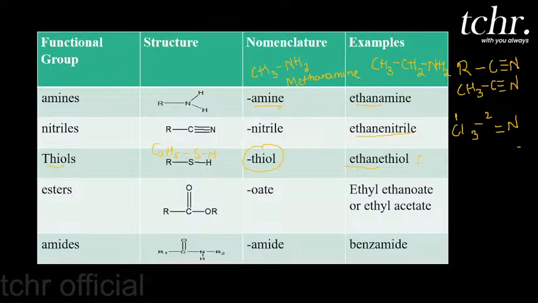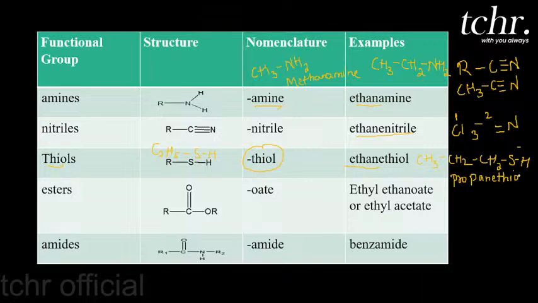Now for example, one more: CH3, CH2, CH2, SH. Count the number of carbon atoms. It is 3 carbon atoms and it contains the thiol functional group. So I will write it as propane thiol.